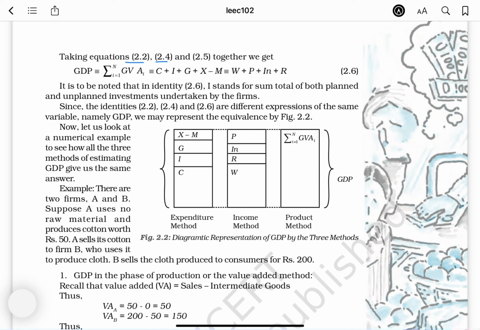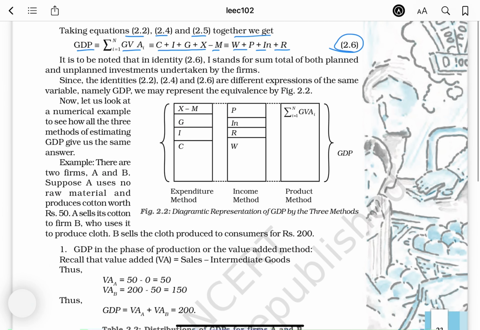Taking equations 2.2, 2.4 and 2.5 together, we get GDP equals sigma i=1 to N of VAi equals C plus I plus G plus X minus M equals W plus P plus IN plus R. This equation becomes 2.6. It is to be noted that in identity 2.6, I stands for the sum total of both planned and unplanned investment undertaken by the firms.